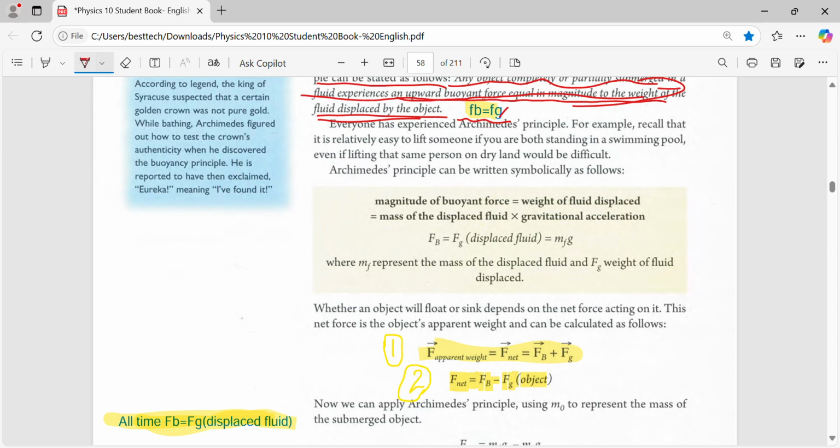Okay, guys. So we said that Fb is always equal to Fg, and we know that Fg, according to Newton's law, is equal to mg, the mass of the object times g, the acceleration.